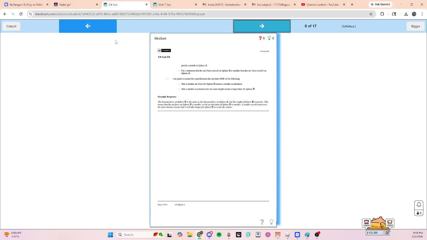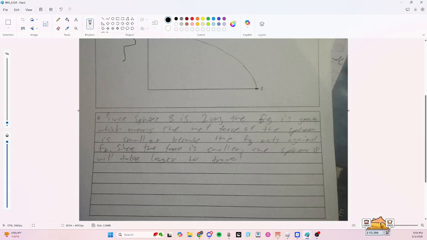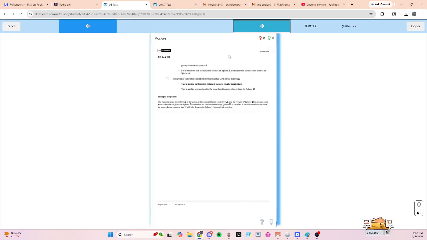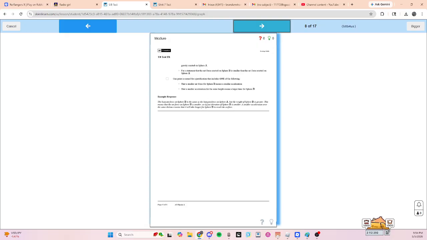They said, okay, one point is earned for the justification that attempts to use functional dependence to explain why the time for sphere B is greater than sphere A. Statement: buoyancy force on the two spheres is the same. Did I say that? Nope. Force of gravity exerted on sphere B will be larger than the force of gravity exerted on sphere A. Yep, that's what I said. So I got that point.